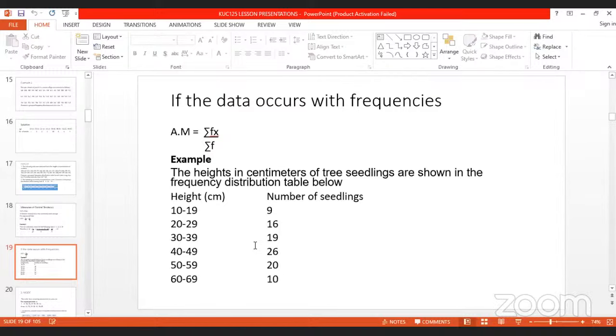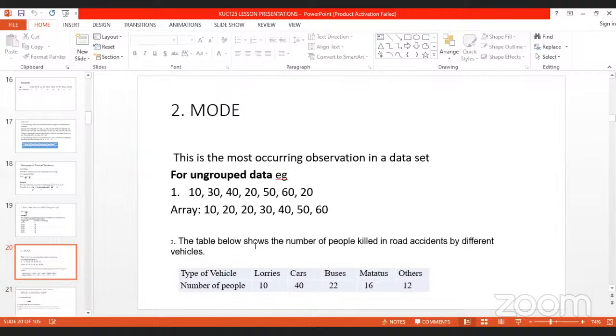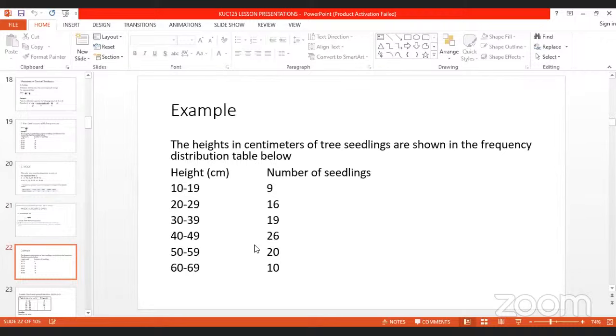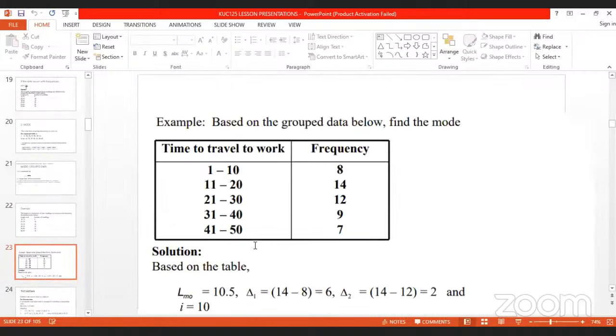How to find the median? And we did agree that for the median, this is a measure of position. And as a measure of position, it gives us the central value of an array. So this central value is that value that takes the central position.